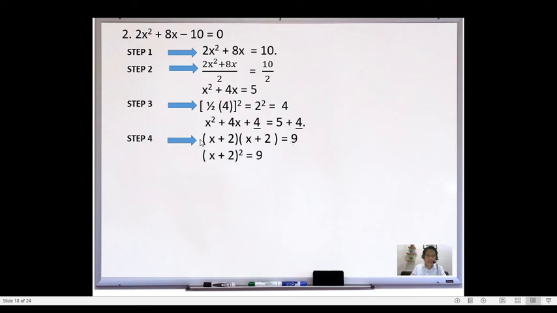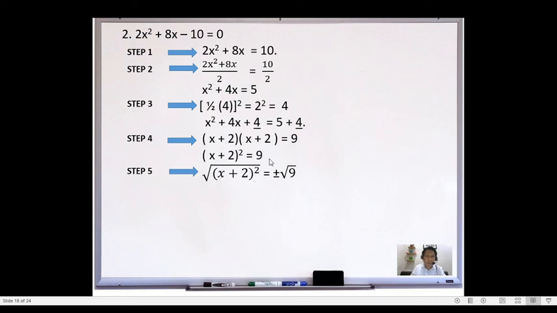Next, we are going to express this as the square of a binomial. That is, the square of x plus 2 is equal to 9. And then for step number 5, we are going to take the square root of both sides of the equation.